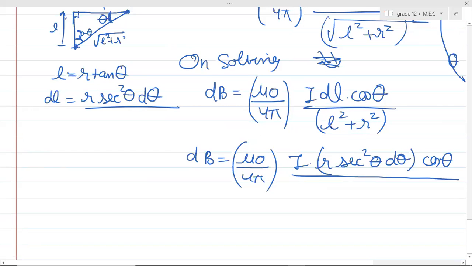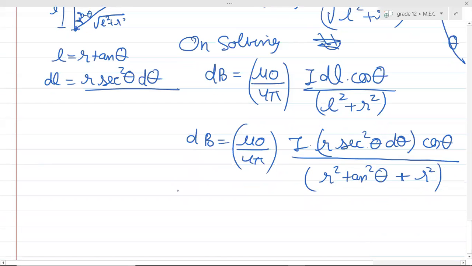So can you see L square? I can write it as R square tan square theta plus R square. Yes or no? Can I write it like this? Basically, in place of L, I have substituted the values in terms of R. Can you see this, guys? So dB will be equal to mu naught by 4 pi. Can I take R square common from the denominator?